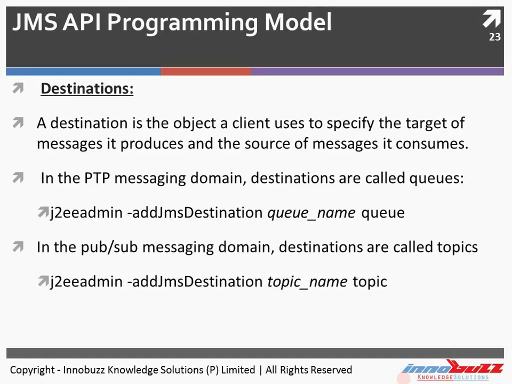If it is the publish or subscribe messaging domain, then the destination objects are topics. In that case, it will be the same command, but with the topic name, topic underscore name, where you can provide your own topic name. So these lines are required to create or add your own destinations.